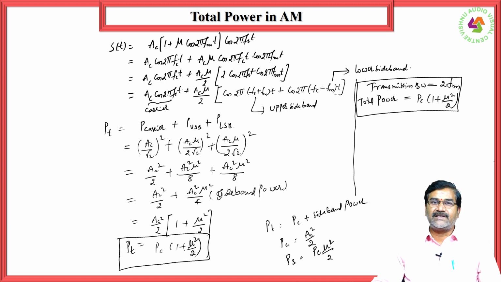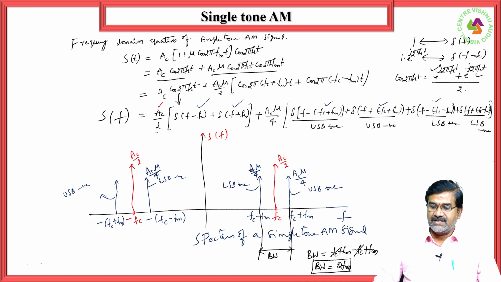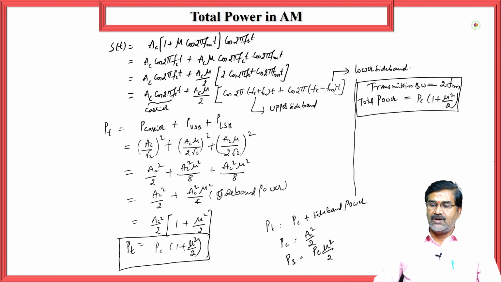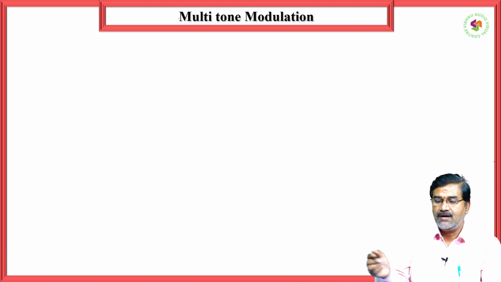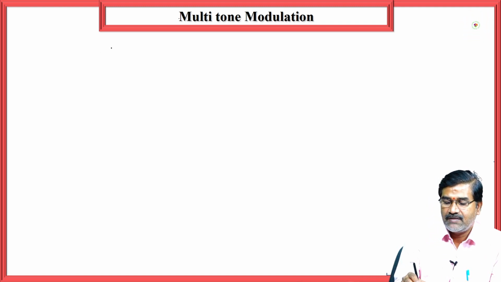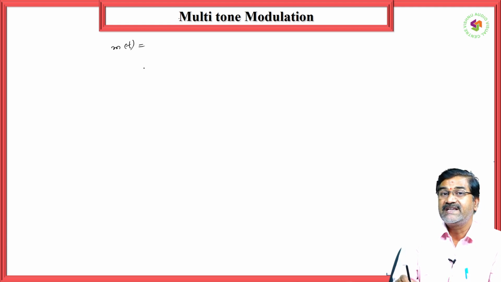Now, if I extend this to the multi-tone concept, where you will have multiple frequency terms, then we call it a multi-tone AM signal. So in a multi-tone AM signal, this m of t will consist of multiple discrete frequencies.